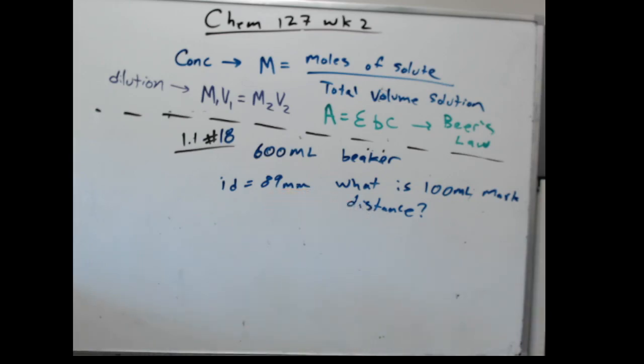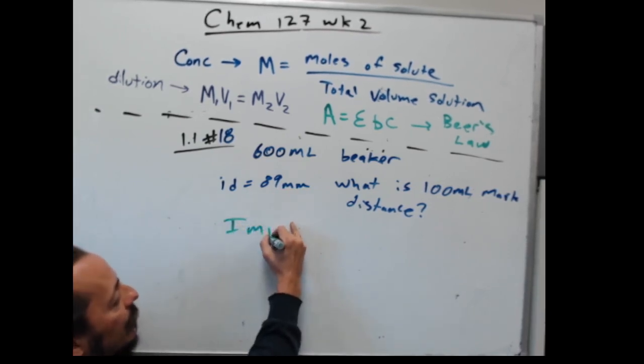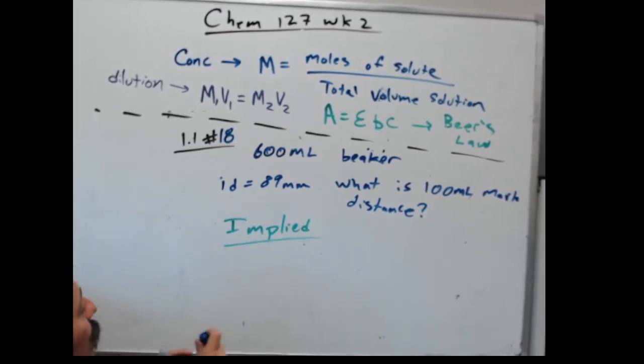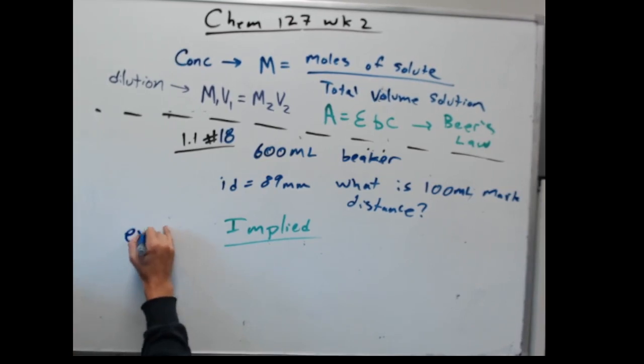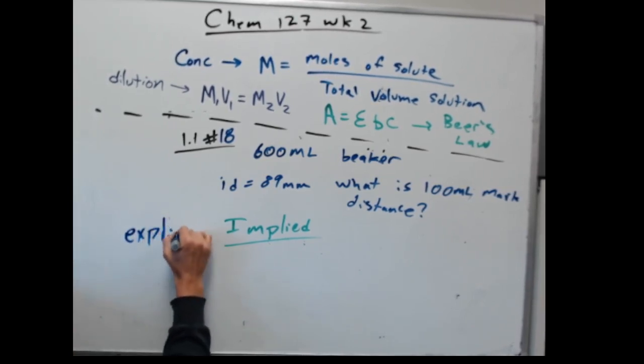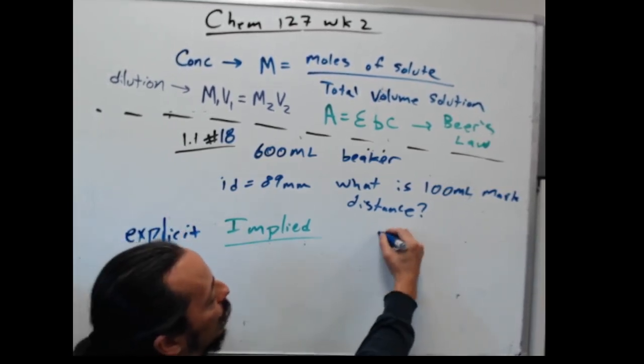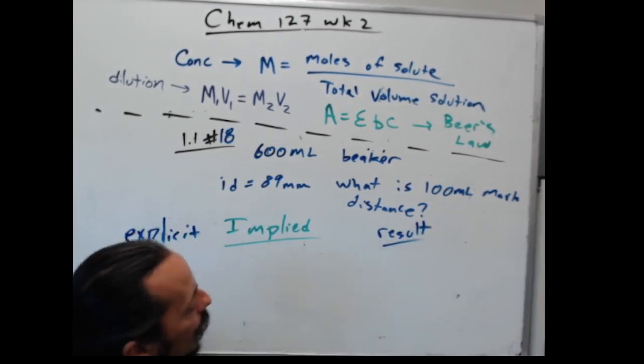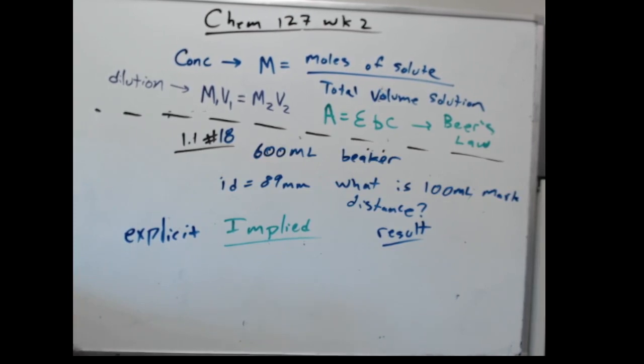There are two different ideas we put together to figure this out. We've got to figure out what's implied that we don't know, and think about what we are explicitly told. We also want to know what result we want to get to. The result we want is the distance between these marks. What shape is this? How do we talk about the volume of a cylinder?